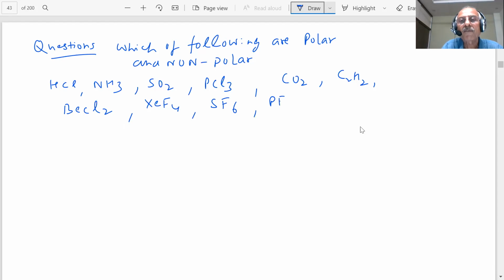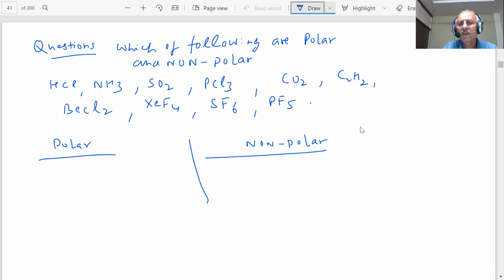You are given PF5. Can you identify polar and non-polar in these? If you know the shapes of them, then only you can do it. Tell me, HCl will be polar or non-polar?